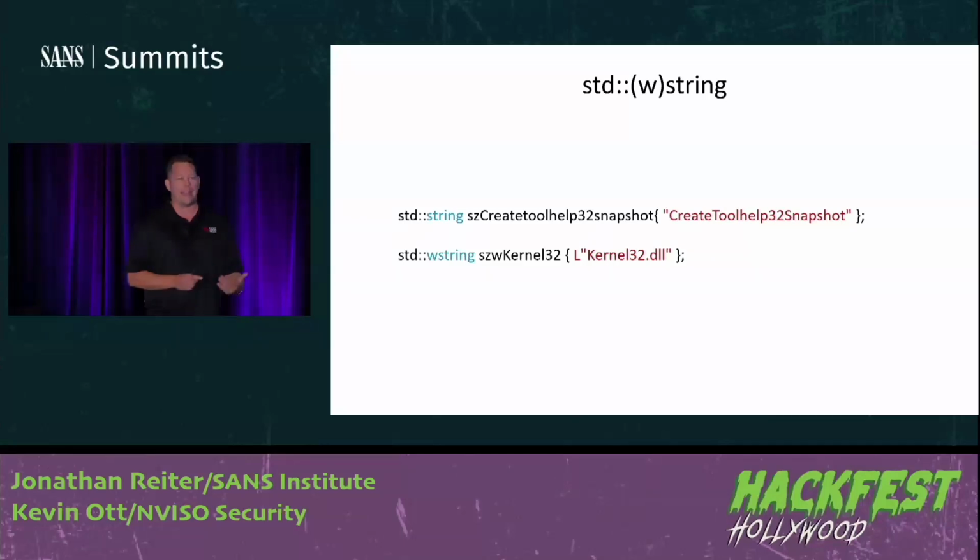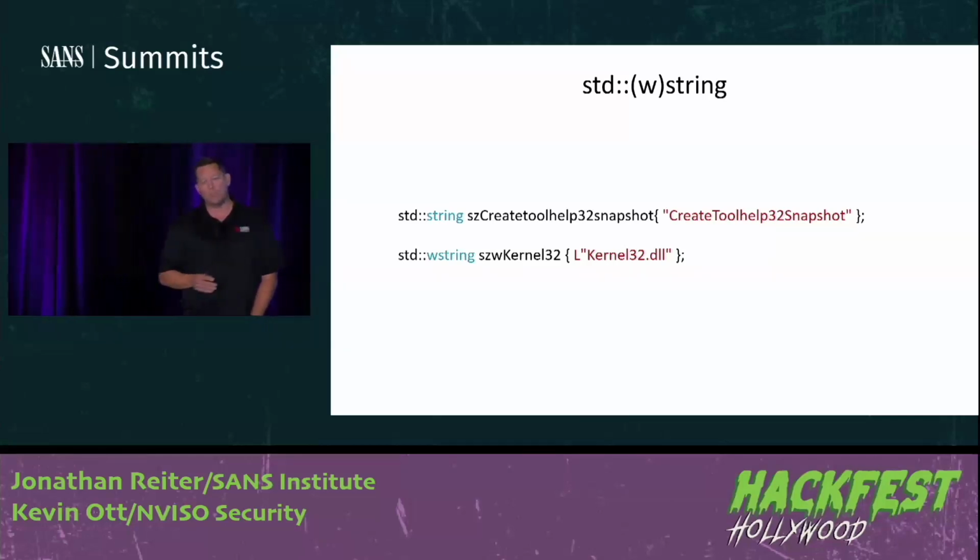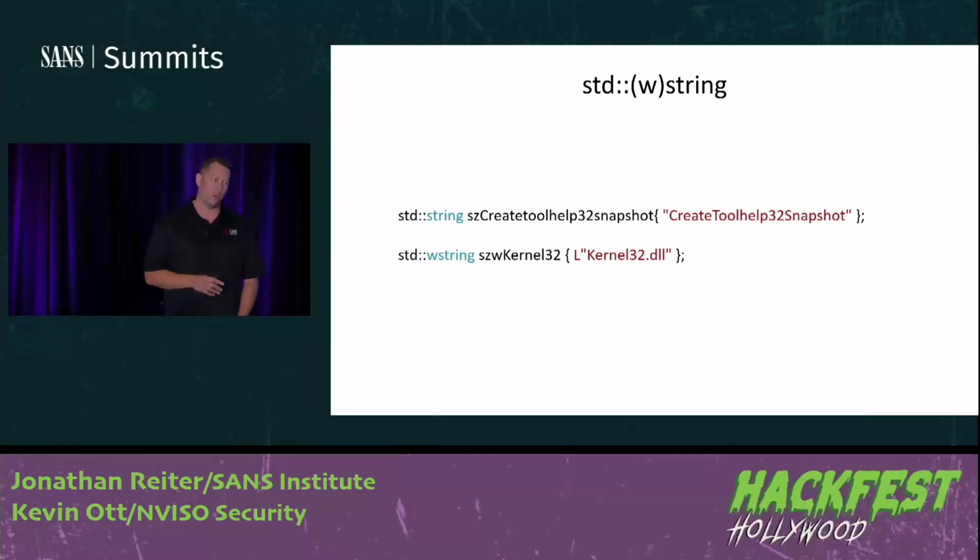You want to either make a hash of the string or find some way to do some obfuscation. With C++ being super awesome, there are a lot of libraries out there that allow compile-time obfuscation for strings, which is really awesome to have.